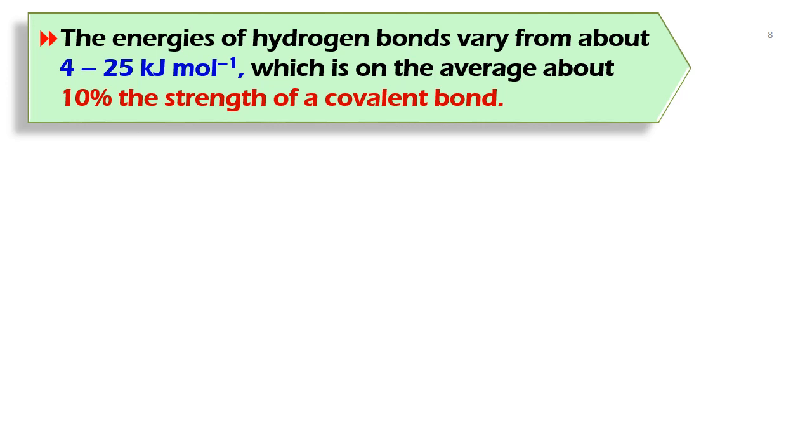The energies of hydrogen bonds vary from about 4 to 25 kJ per mole, which is on average about 10% the strength of a covalent bond. So this means that hydrogen bond is weaker compared to a covalent bond.